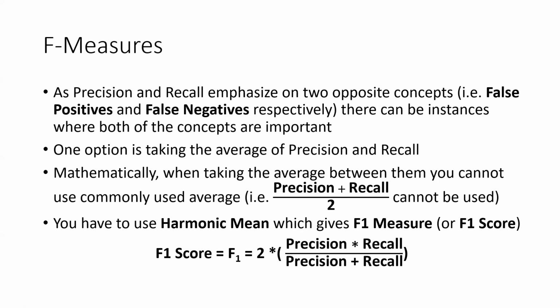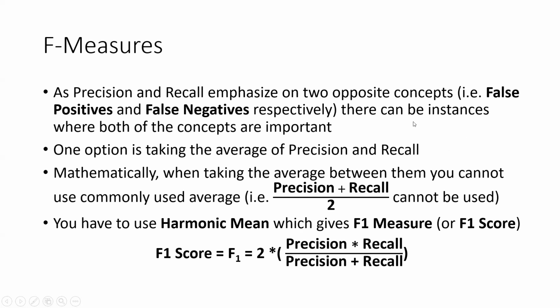So when you increase the precision, you would reduce the recall, and when you increase the recall, the precision would decrease. But if you want a balance between them, it is half of the precision and half of the recall. You can use the average of this, right? You can take the average of precision and recall and make a measure.